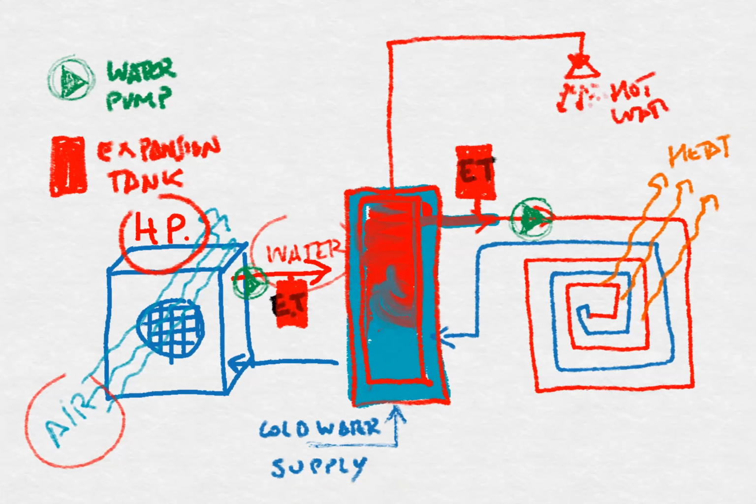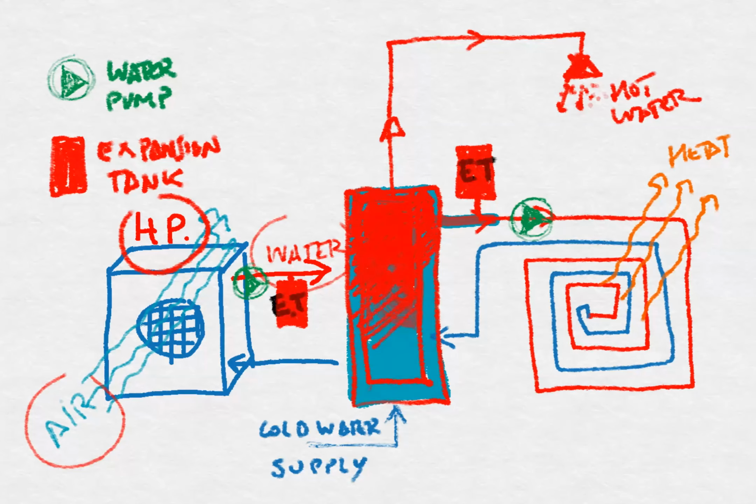Okay, so the position of those elements, we need to think about it. Because as we know, the hot water tends to go up. So if we are heating up this tank, the hottest water will be on the top of the buffer tank, and the coldest water would be at the bottom of the buffer tank.